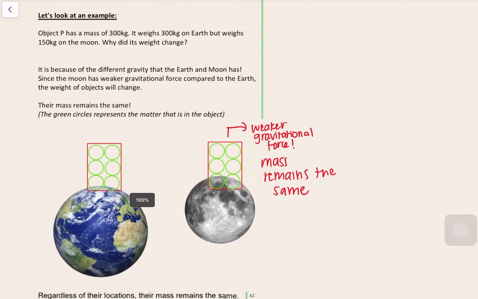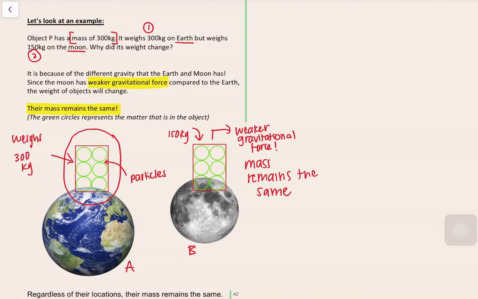So do note and not confuse these two terms. Mass is not the same as weight. Mass remains constant wherever you go, but weight changes according to the gravitational force in the area that you are at. So we see here the moon and the Earth have different gravitational forces.